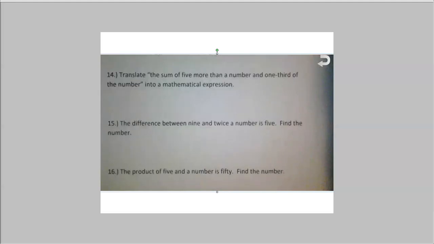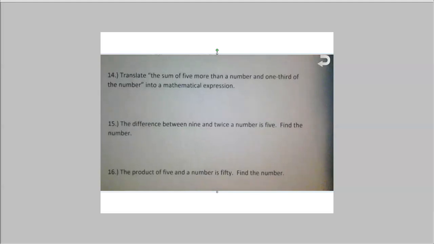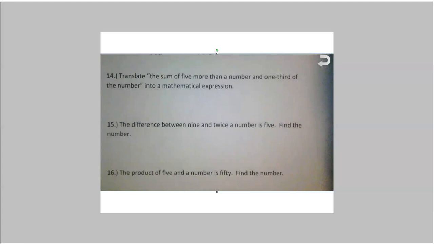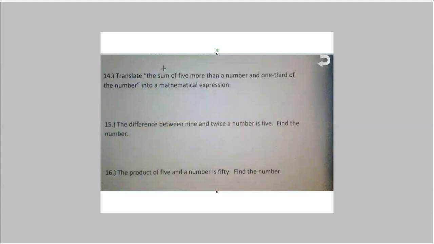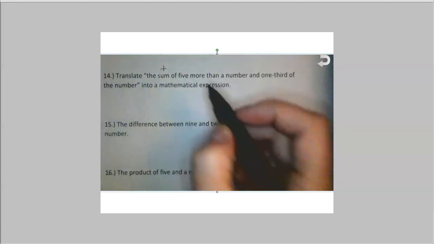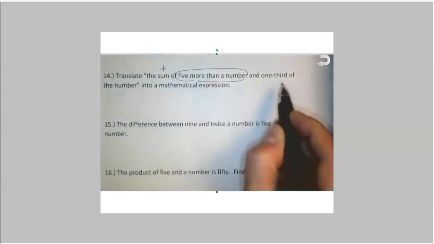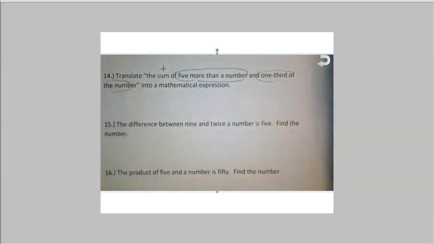14 says to translate the sum of 5 more than a number and 1/3 of the number into a mathematical expression. Just take your time, read it a couple of times if you have to. We said sum means add. So what am I adding together? 5 more than a number is being added to 1/3 of the number, okay? We do not know what the number is, so we have to use a variable to represent that number.